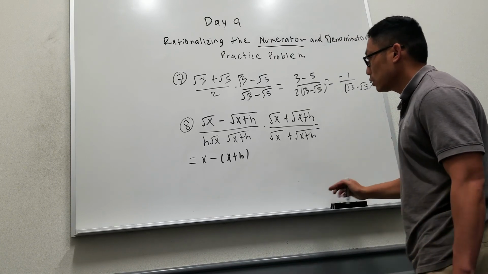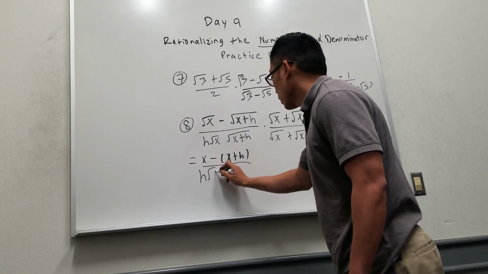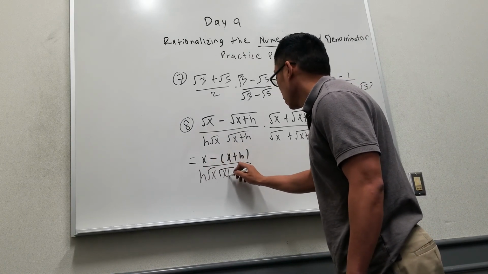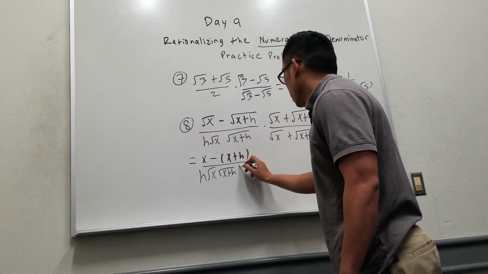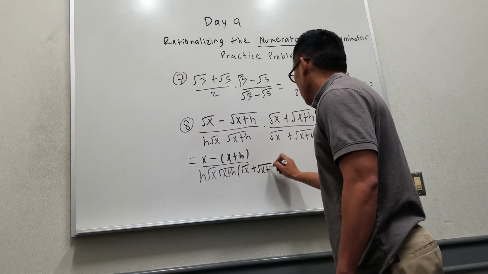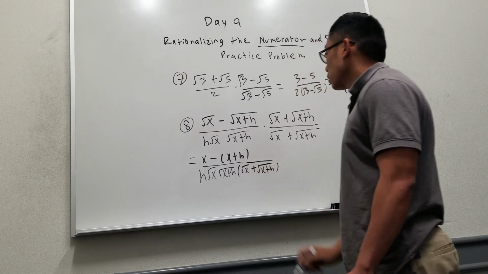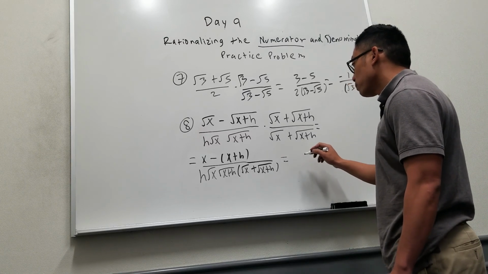So I'm erasing this. Now I got that, I get h times square root of x, square root of x plus h, times square root of x plus square root of h. Okay, now what? You have to simplify.